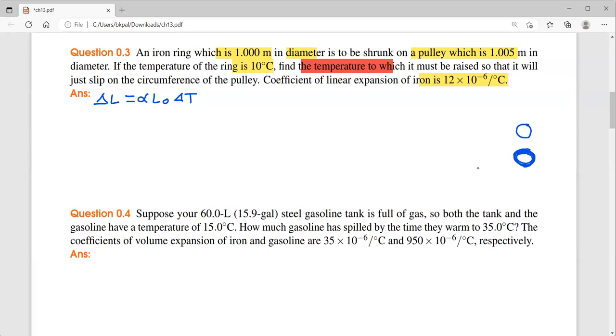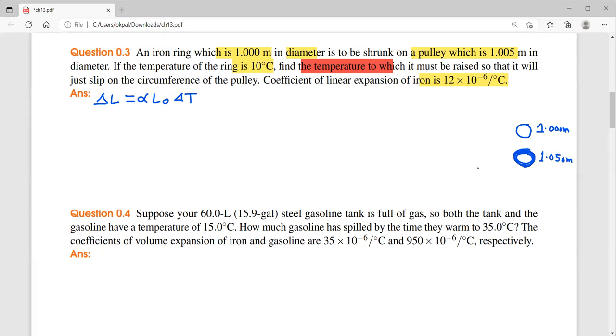The ring is to be shrunk onto this pulley. Because the ring is 1 meter, normally it cannot fit on a 1.05 meter pulley, right?